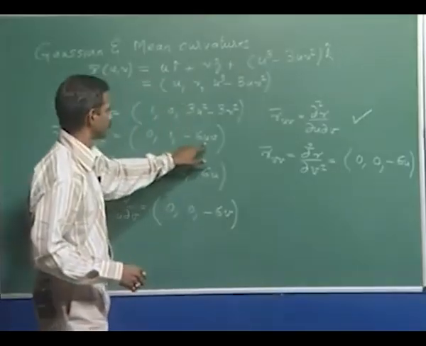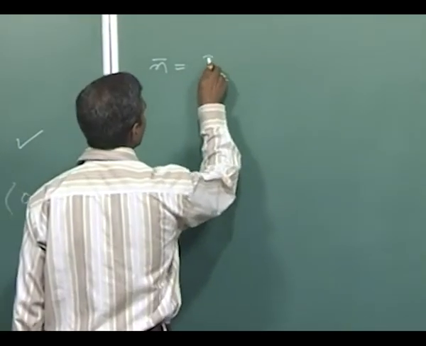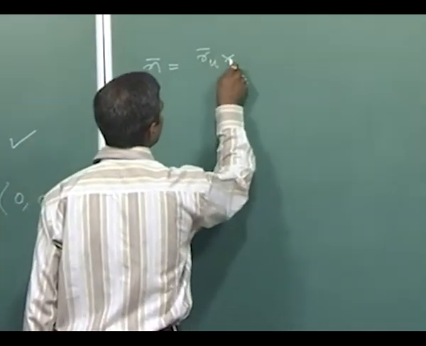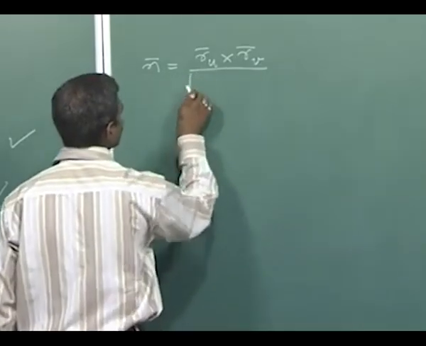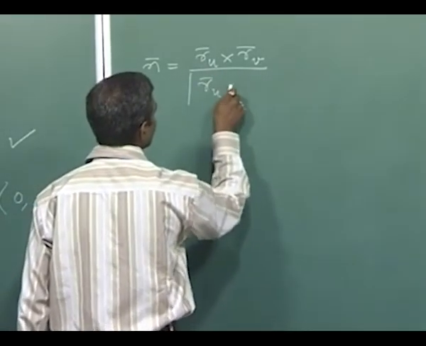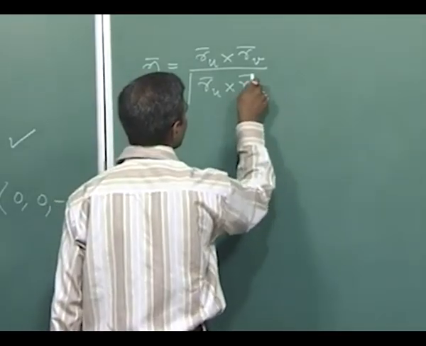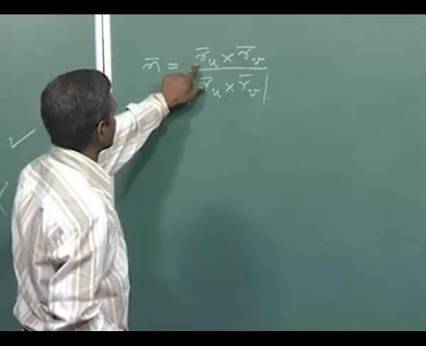We would also need the expression for the normal. As you would know, this is equal to r u crossed with r v over the absolute value of this numerator, r u crossed with r v. Let's try to determine this cross product first.